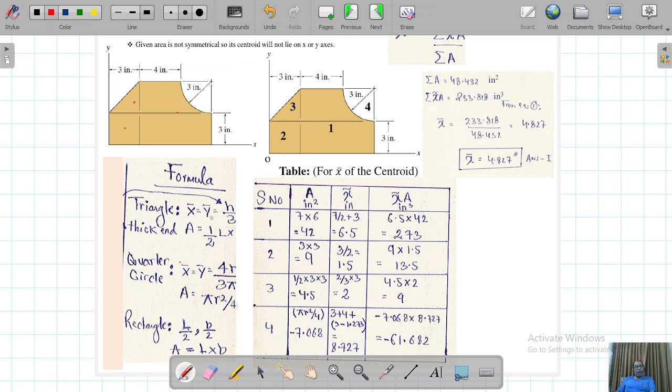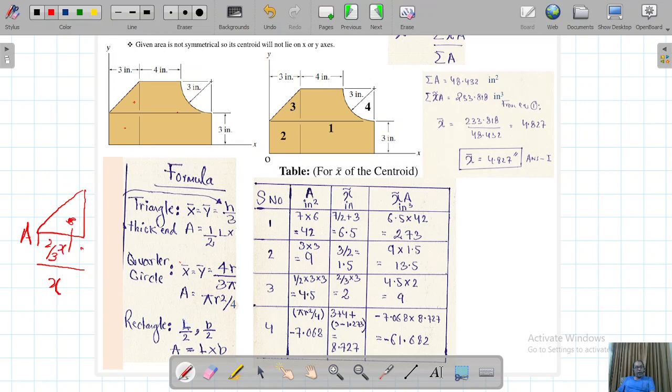For example, as I have told you, if this is a triangle, and from this side A, if I say this is the centroid, then from here to here, if the total length is x, the length will be 2 by 3 times x.